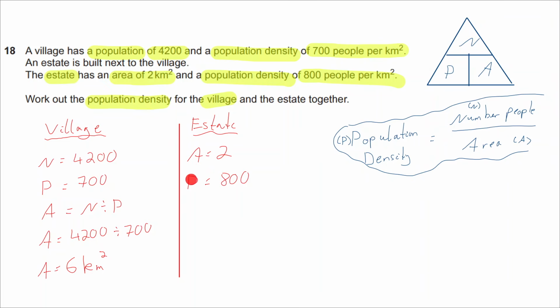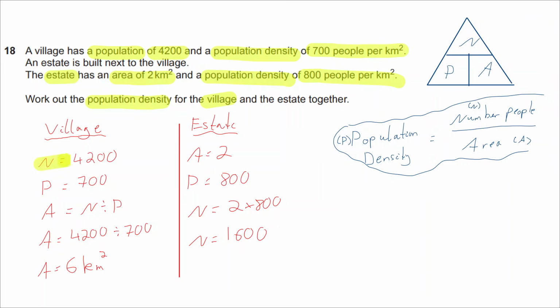So you've got A, you've got P. What can you work out here? You can work out the number of people, N. That's going to be equal to P times A. So you can just times these together: 2 times 800. So N is going to be equal to 1,600.